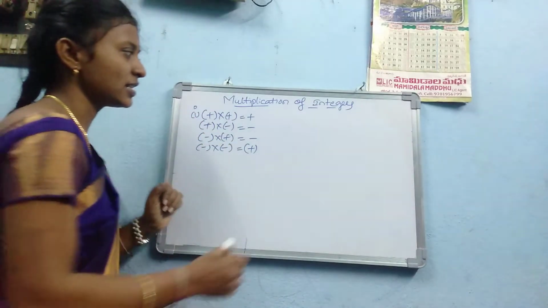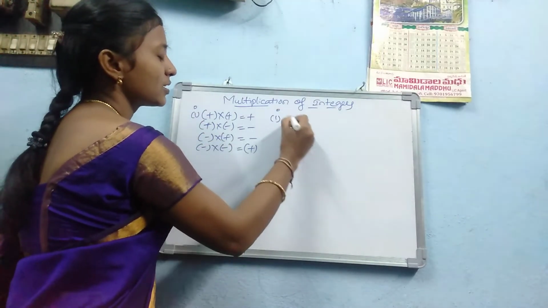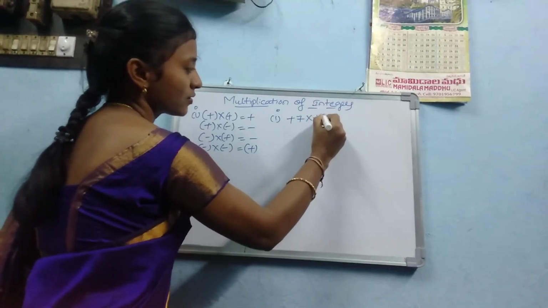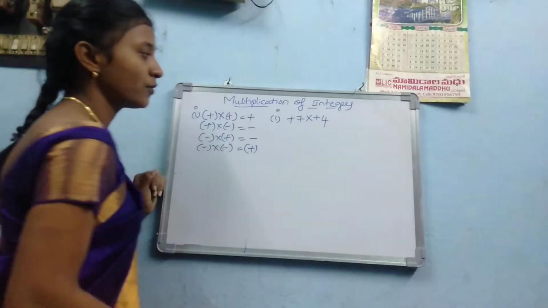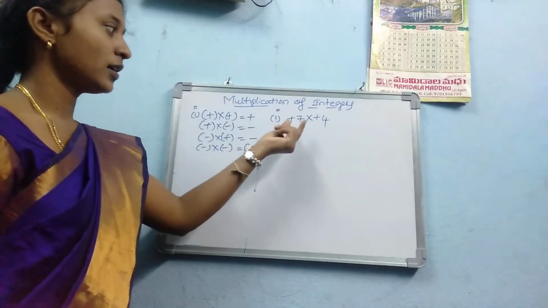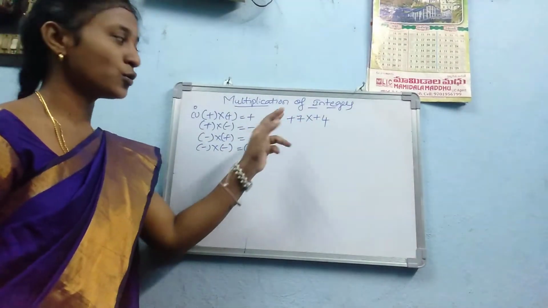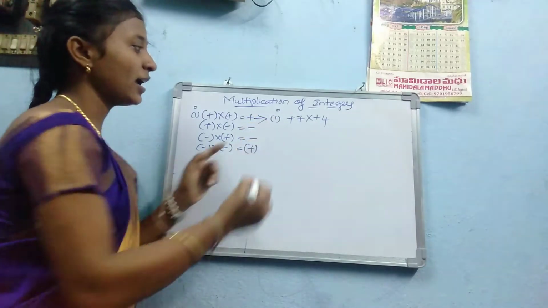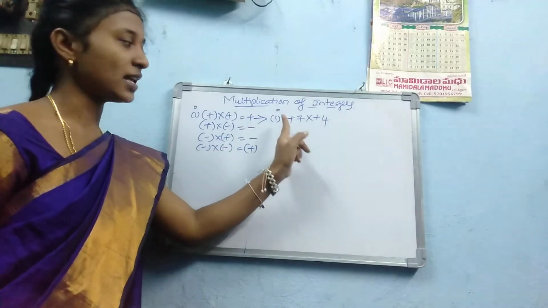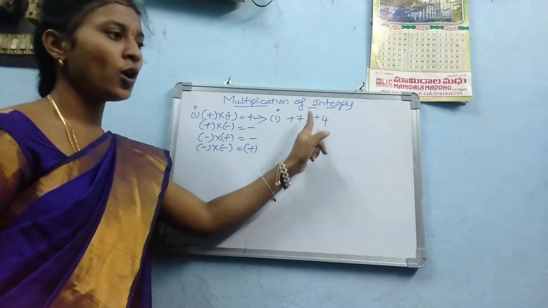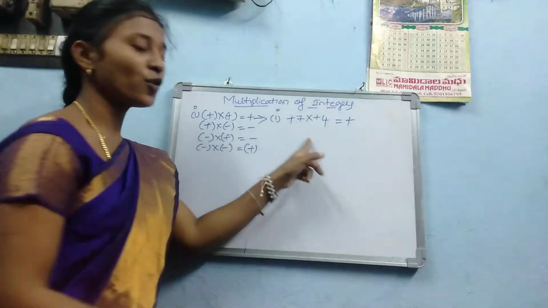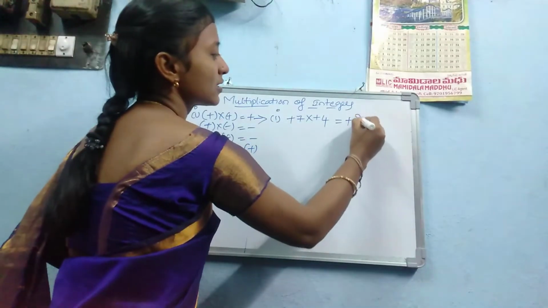Multiplication of integers, we take some examples. Plus into plus: we take two positive integers, plus 7 into plus 4, plus into plus is plus, 7 fours are 28.